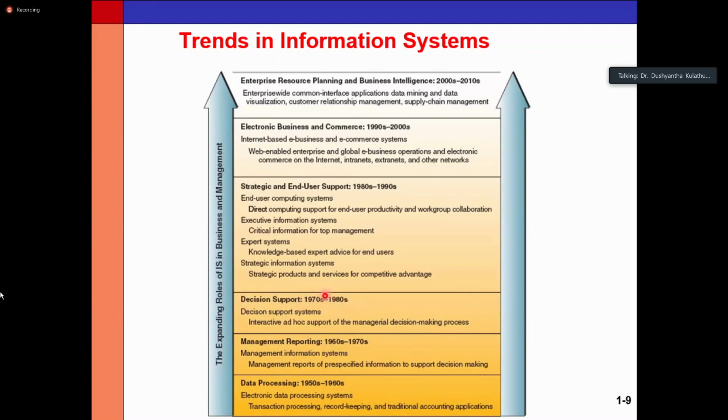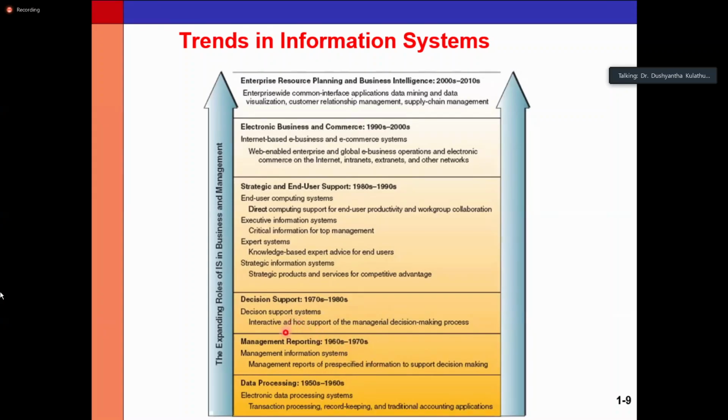Then during the 70s and 80s, decision support was the focus, and the system that facilitated that requirement was decision support systems. It facilitated interactive, ad hoc support of managerial decision making. As I mentioned earlier, when it comes to decision making, there can be some predefined information which you can utilize. But there can be instances where you can't rely completely on predefined information.